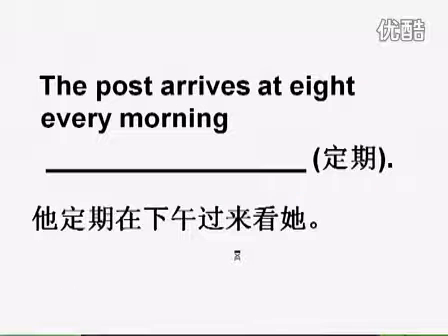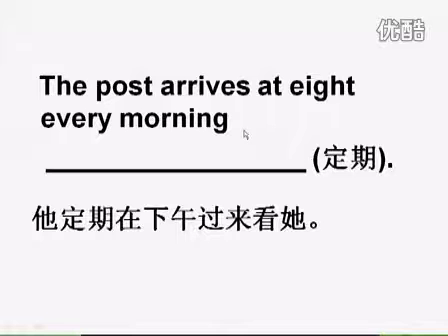Here, you are given the Chinese explanation. The post arrives at 8 every morning. 定期。Well, somebody may say, well, regularly. Yes, very good. Regularly is one choice. And you can give another phrase.